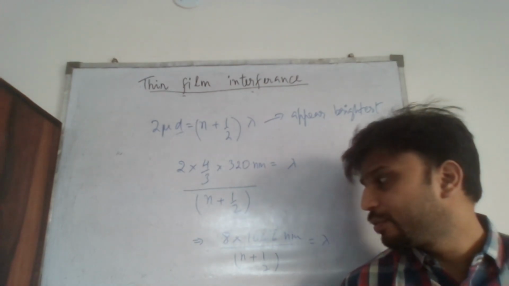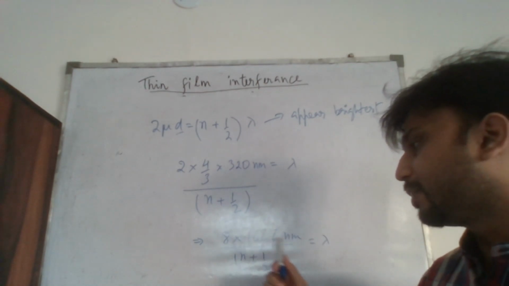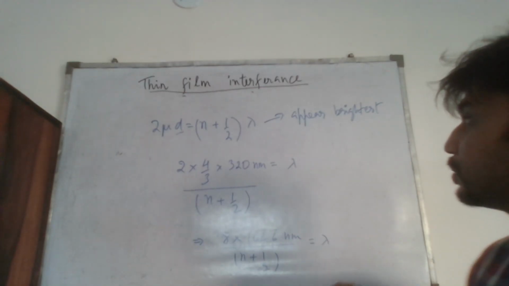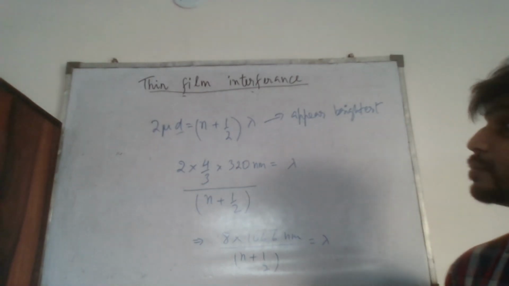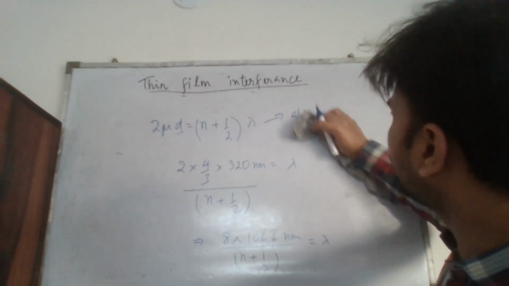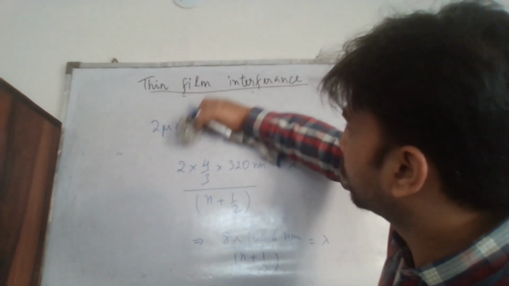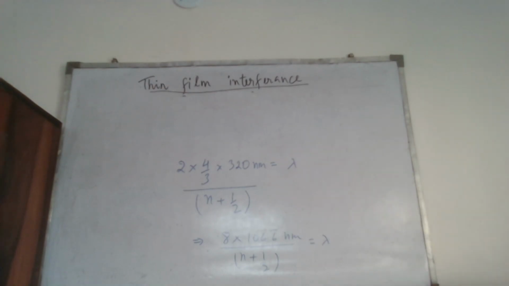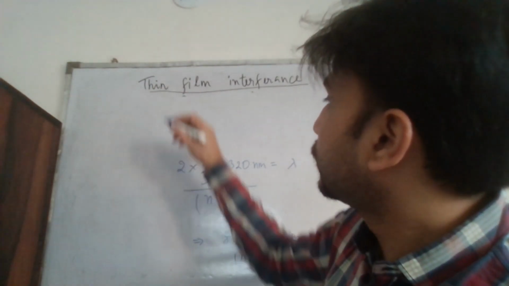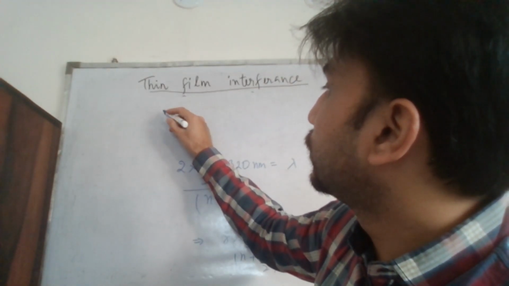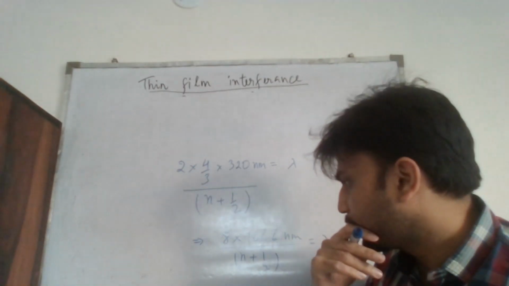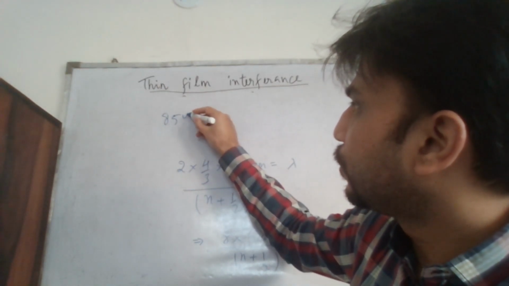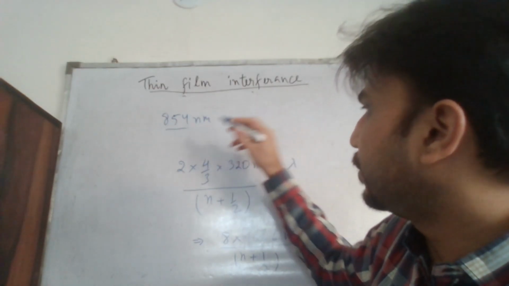So if we calculate this, this value will be some 854 nanometers divided by this.